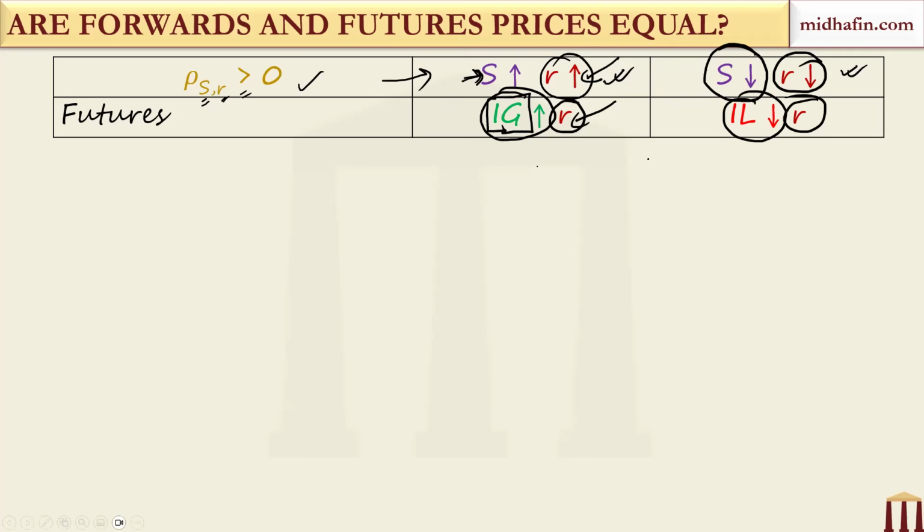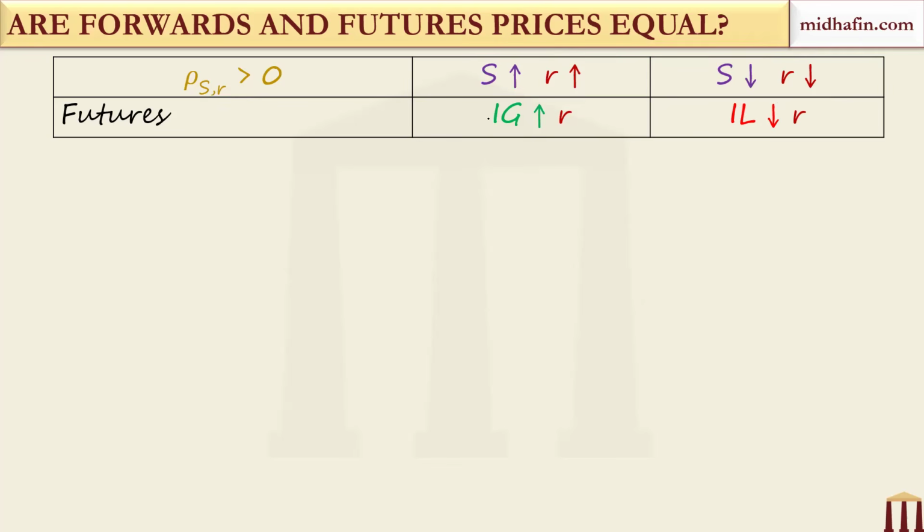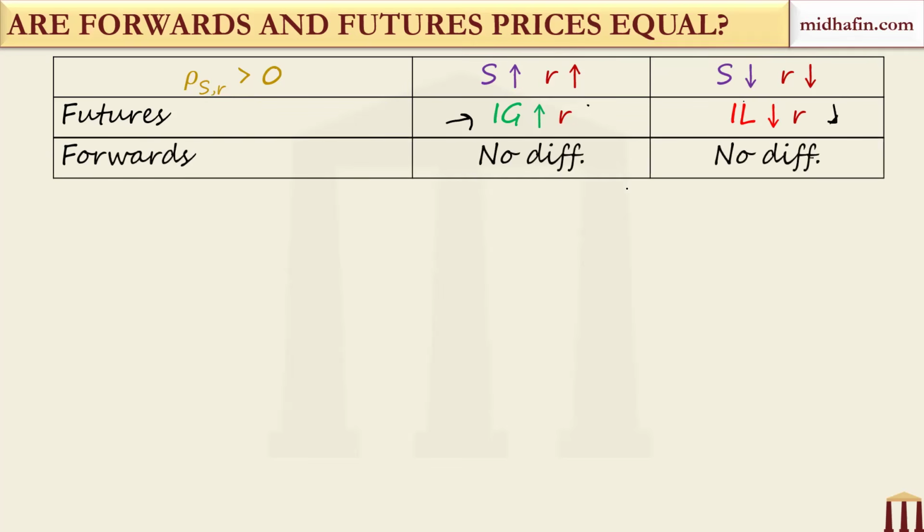Agreed or not? Gains are being invested at a higher interest rate, whereas losses are being financed at a lower interest rate. But for forwards, there is no difference, because you're not getting anything right now. You are getting everything towards the end. That is a different matter, right?